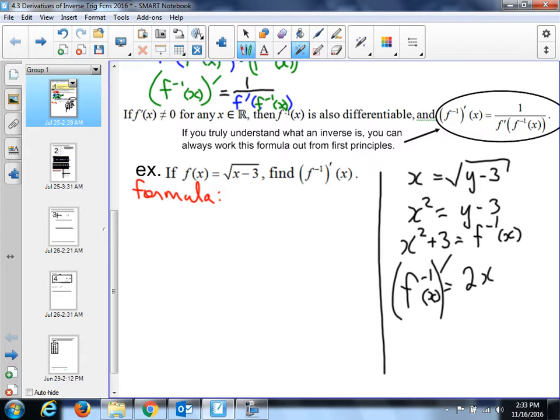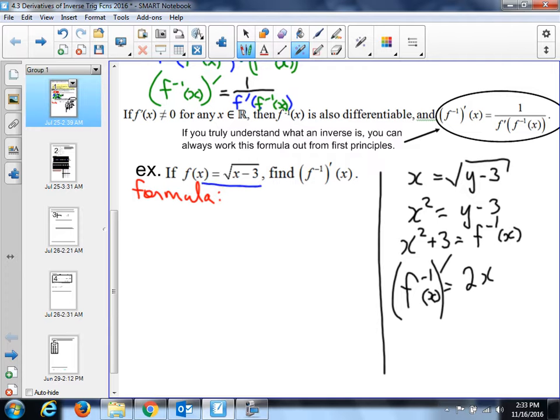I'm getting blank stares. Yay or nay? How does this formula work, even though we have the answer that we want here? I'm kind of waiting to see if you guys, yeah? No? X squared plus 3 plugged inside, right? Yeah.